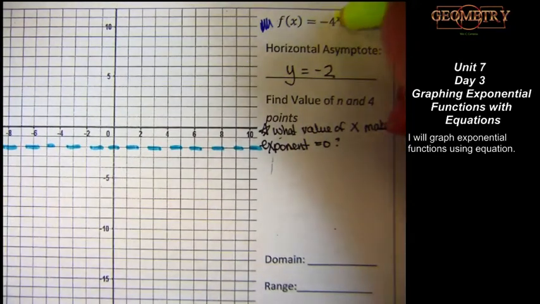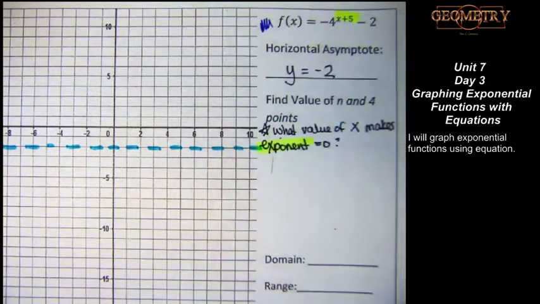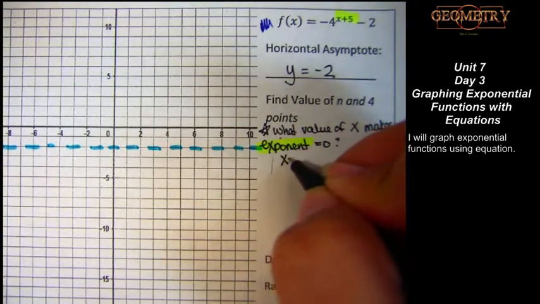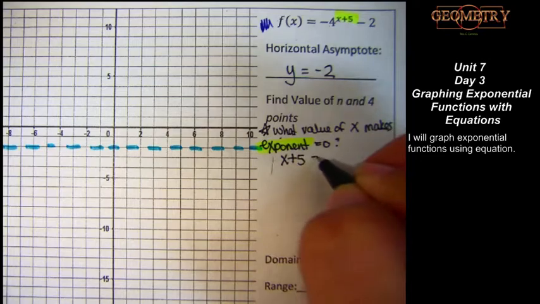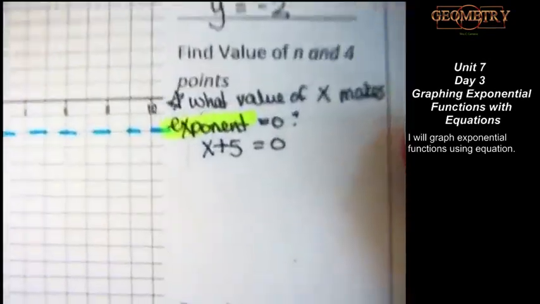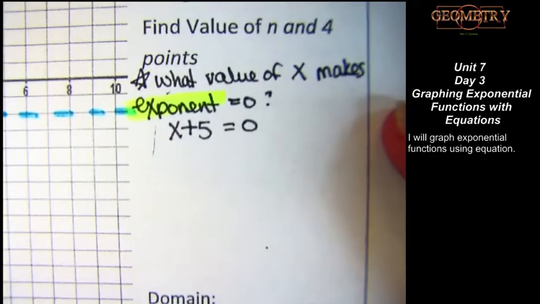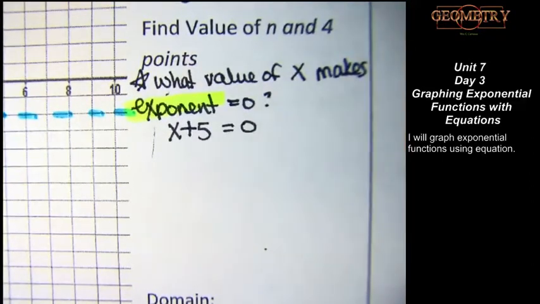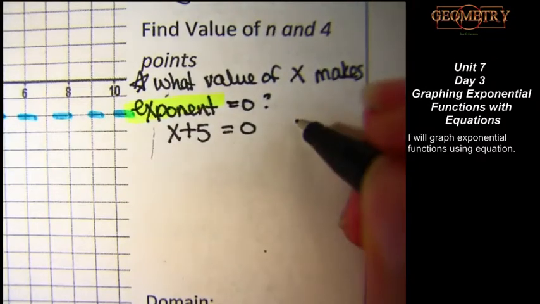Here's my exponent. And so I'm going to write exponent equals 0. All right, solve it for x. X equals negative 5. Subtract 5 from each side and you get x equals negative 5.